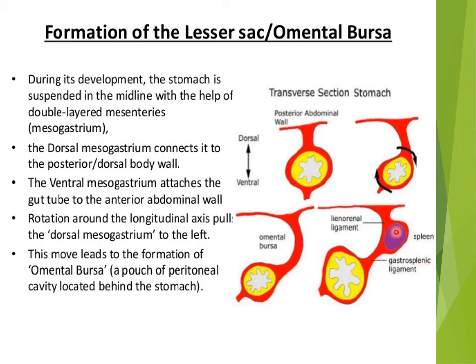The one now moving dorsally and attached to the kidney and the dorsal wall is the lienorenal ligament, or splenorenal ligament. These two ligaments are also formed by the pull of the dorsal mesogastrium during rotation of the stomach, along with the development of the spleen by mesodermal proliferation.